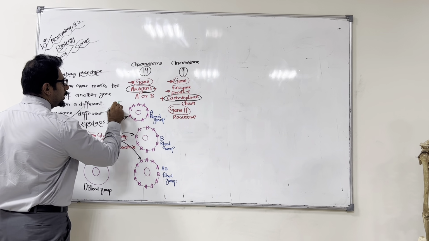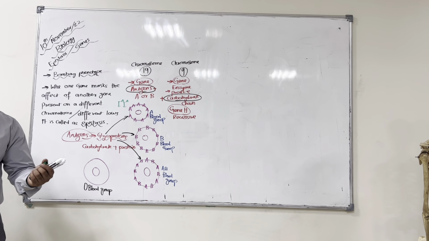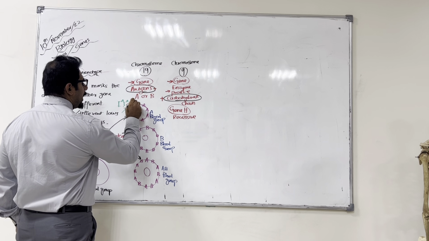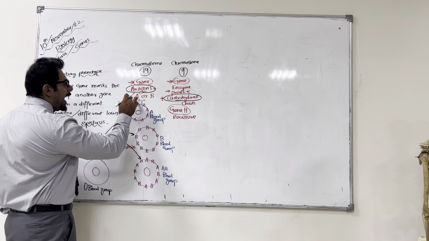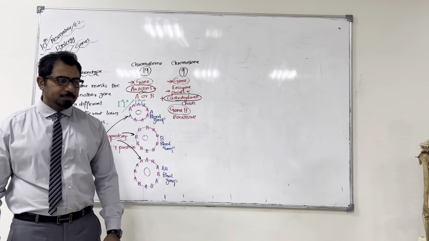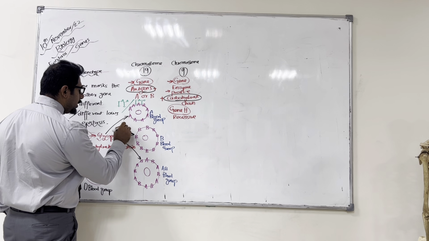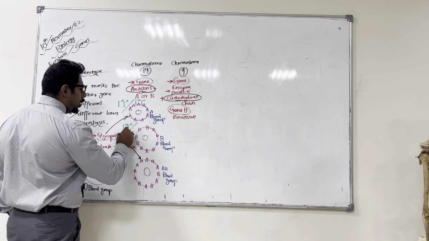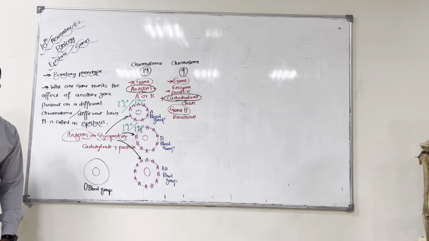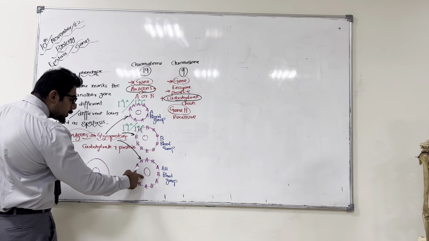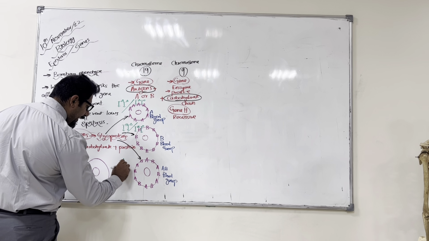This person can have the genotype IA IA, homozygous dominant, or the genotype IA I0. Do you remember this or not? It means that antigen A is being produced in this person. This person who has B blood group, his genotype can be IB IB or IB I0. Do you understand this or not? And this person who has AB blood group, his genotype will be IA IB.